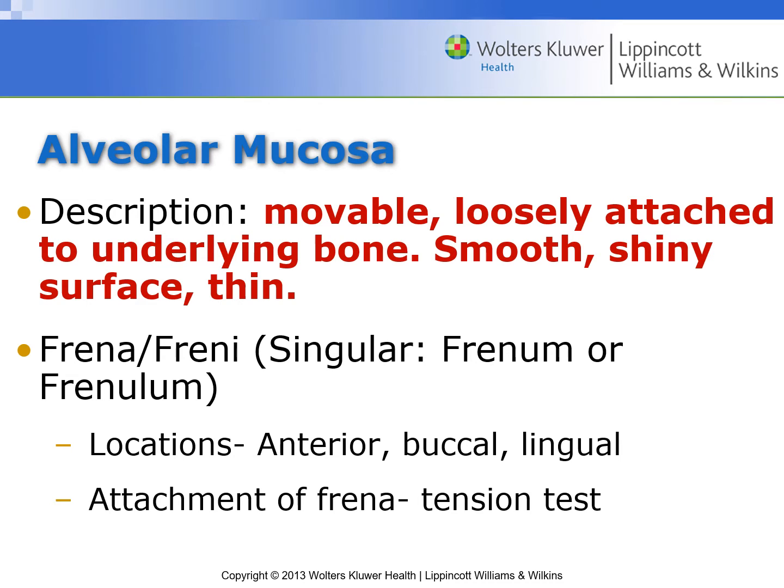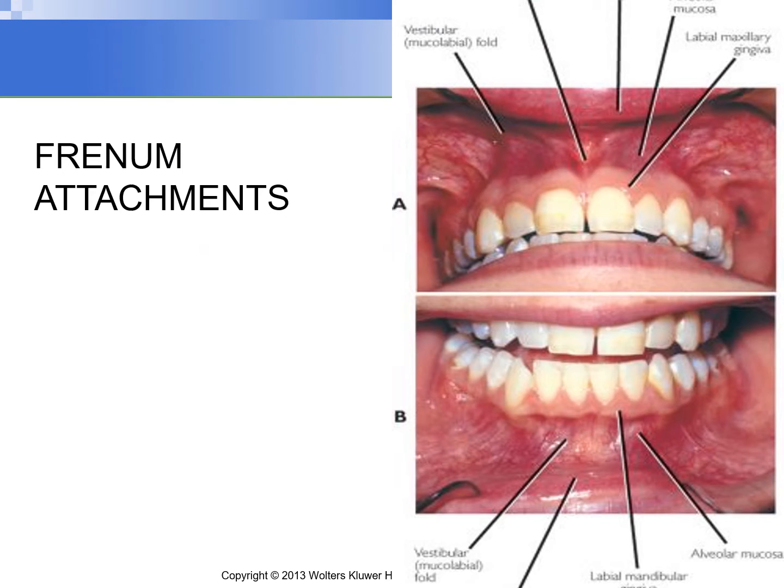You have them at the anterior of your mouth, the buccal side, and the lingual side. I'll be showing you, or probably already have shown you, a tension test to pull the lips out and view all the frenums and make sure that they have healthy attachments.